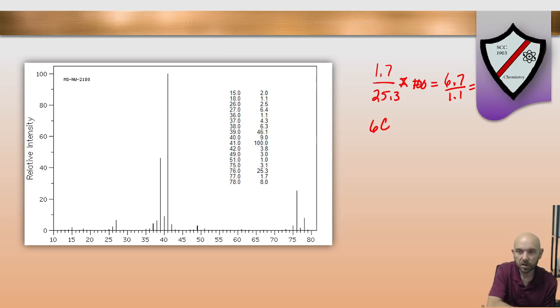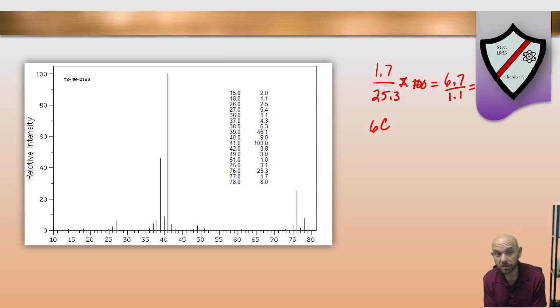If we think about that pretty quickly, 6 carbons means that we have a base mass of 72, because each carbon has a mass of 12. But if we have a base mass of 72 with 6 carbons and a total mass of 76, then we only have room for four more hydrogens, which is really impossible to begin with.